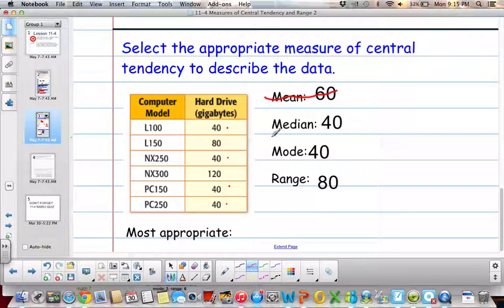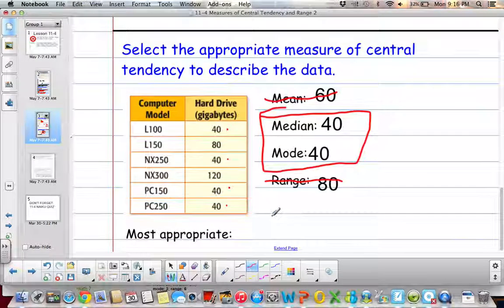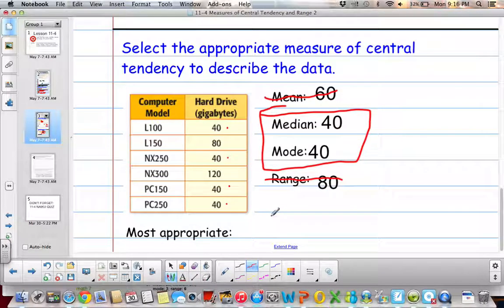The median is 40, and we had just said that they're all 40, and the mode is 40. The range is 80, and that does not really tell us either because that's a lot higher than 80. So actually the median and the mode, both of them, would be the most appropriate central tendency to use to describe this data.